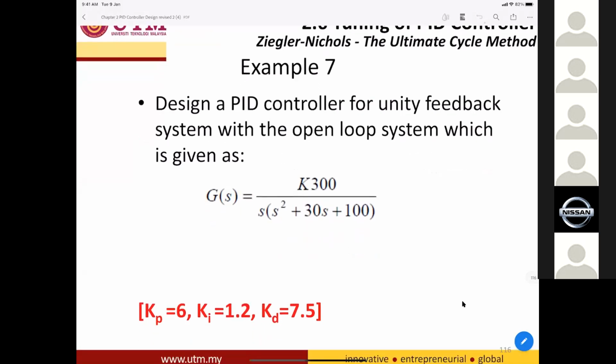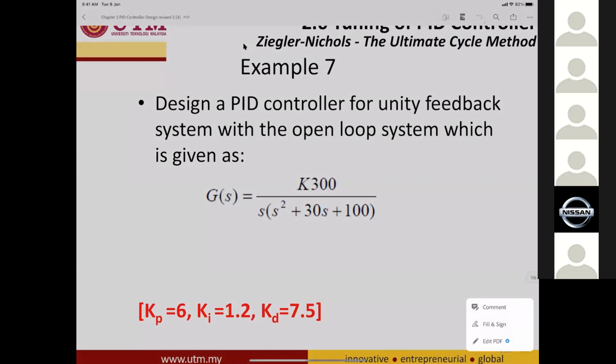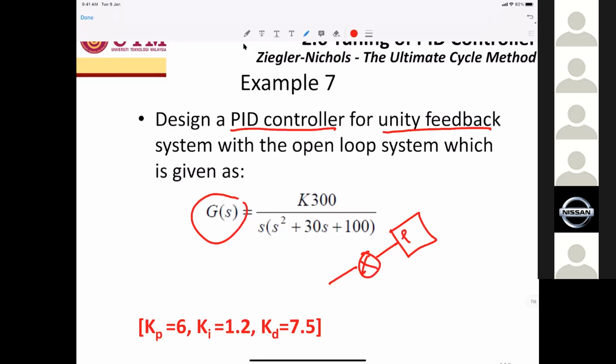So the answer is given. Okay, so a PID controller with unity feedback, with the open loop system given as this. You can draw the PID cascaded with the G(S), which is given.